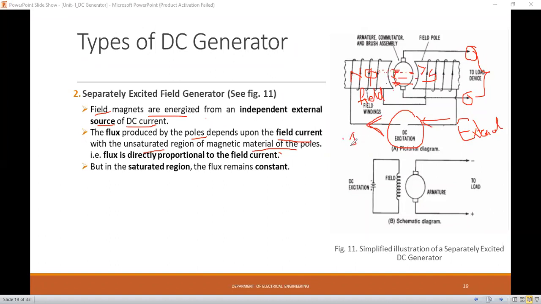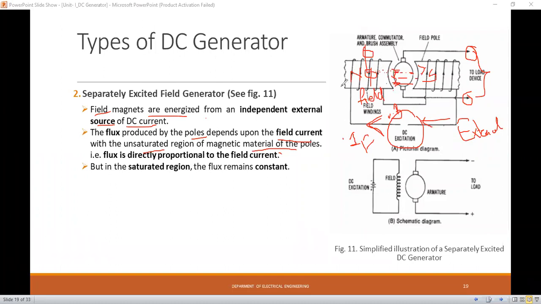Suppose this current is IF. If this current is 0.1, flux will be produced in proportion to 0.1. If the current increases to 0.3, the flux phi will increase in proportion.